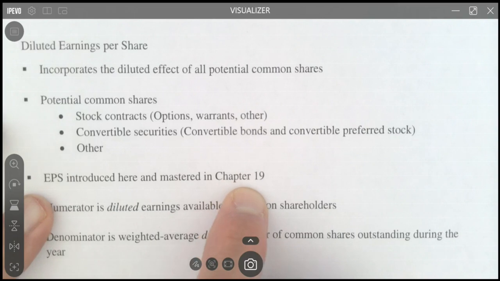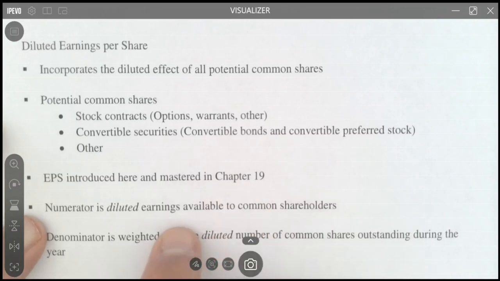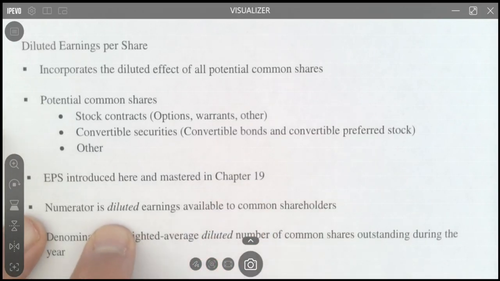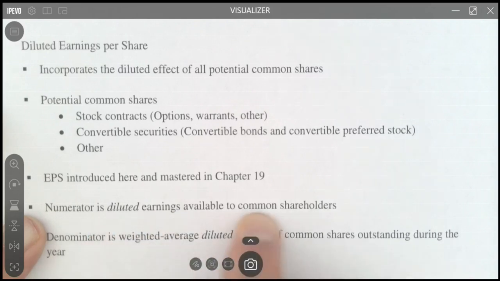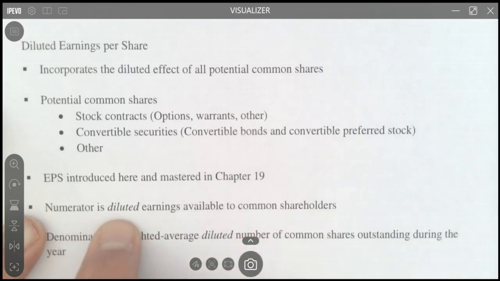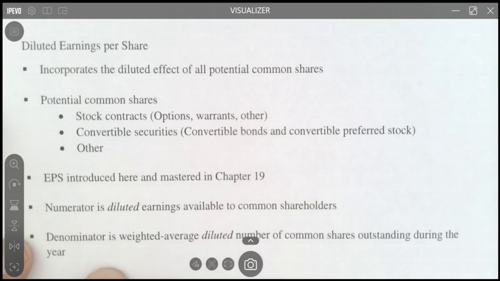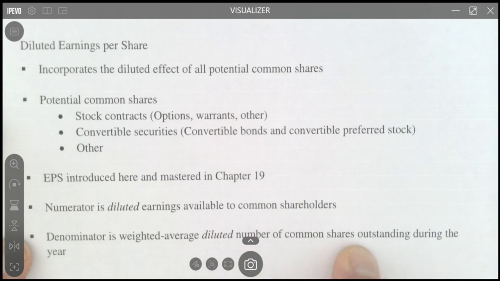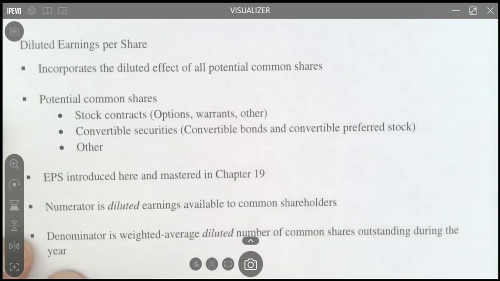And that topic will come up in another course. So the numerator of diluted earnings per share is the diluted earnings available to common shareholders. You'll see how that's calculated. The denominator in diluted earnings per share is the weighted average diluted number of shares of common stock outstanding during the year.